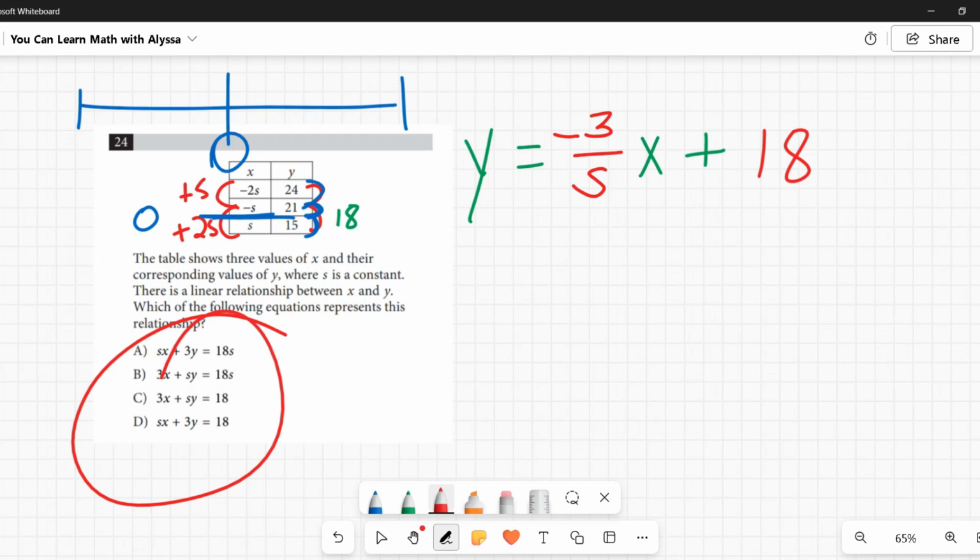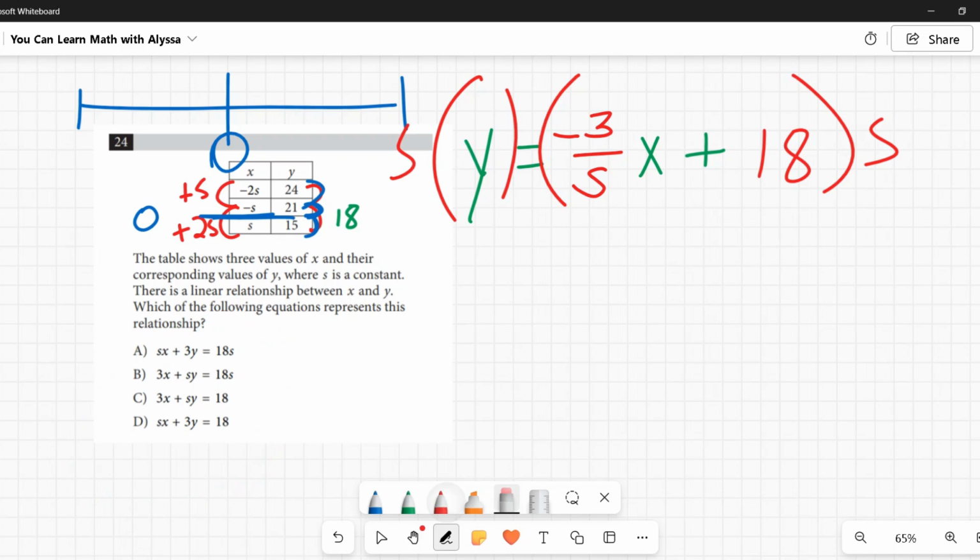But if I look over here, there are no fractions. So even if I move this over here, I still got to get rid of this fraction. So since that's being divided by s, I can multiply both sides by s. And that will get rid of this fraction. So on the left, I have s times y, sy. Then I have negative 3 over s of x. I'm distributing that.